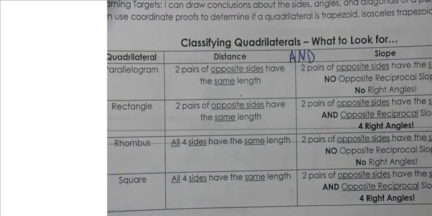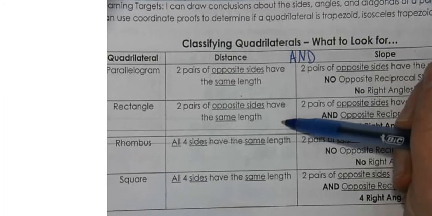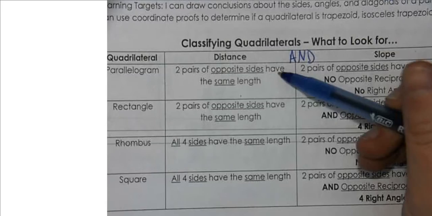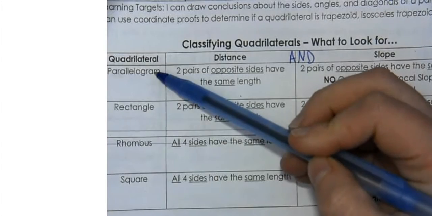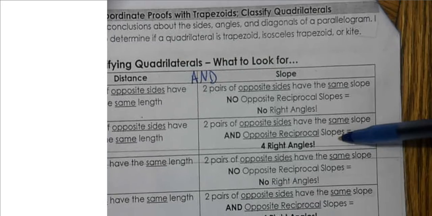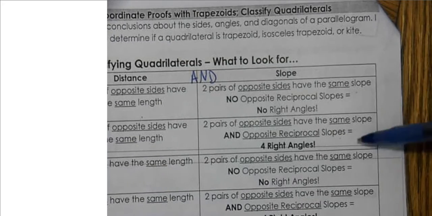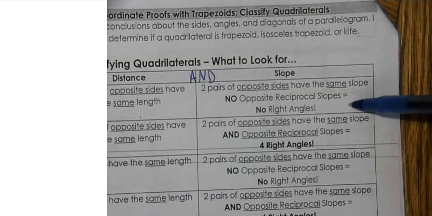So notice that in terms of the distance, if we just notice that the opposite sides have the same length, then it's either a parallelogram or a rectangle, and the deciding factor is going to be the analysis of the slopes. Do you have opposite reciprocal slopes or don't you? If you do, then it's a rectangle. If you don't, then it's a parallelogram.